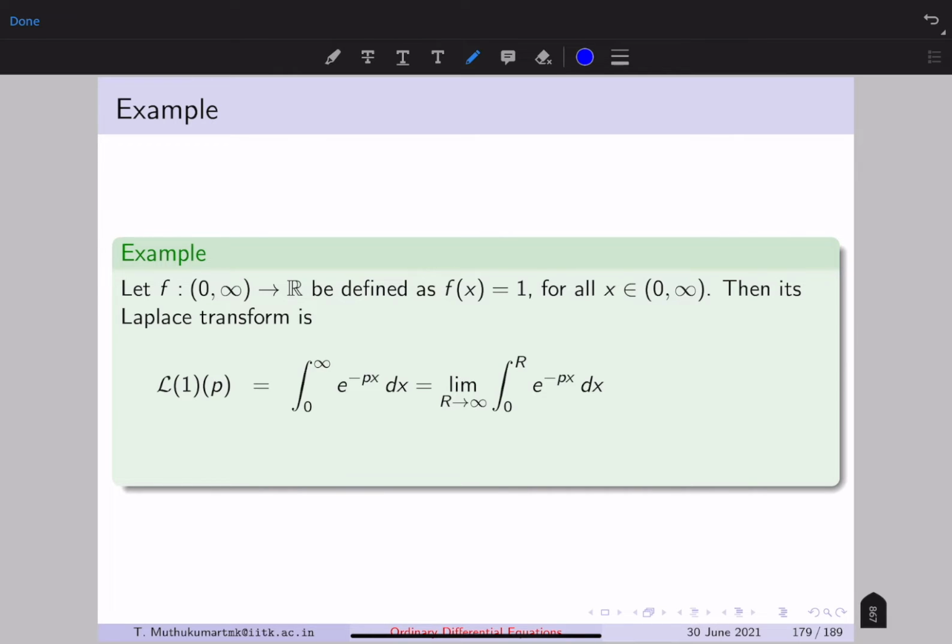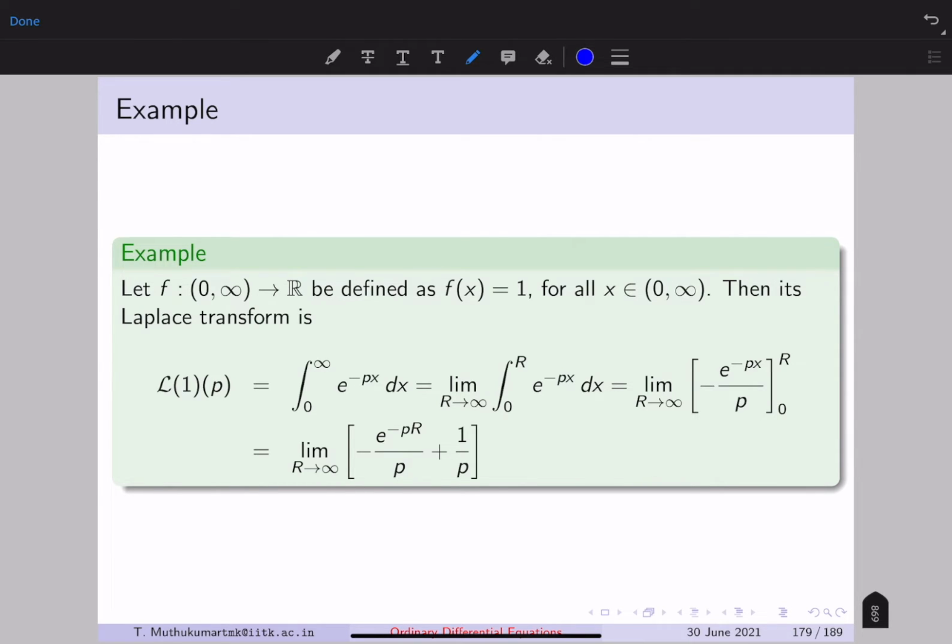Now you just have to integrate this for each r. The integral of e power minus px, an exponential function, is e power minus px over p with a minus sign, with limits 0 to r. If you compute that, you get e power minus pr over p, plus 1 over p, when you apply the limits.